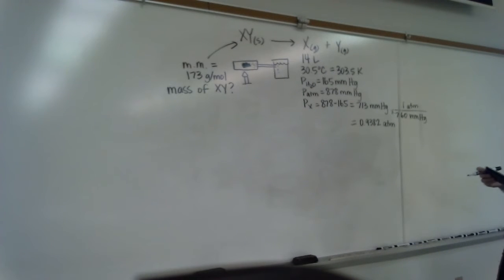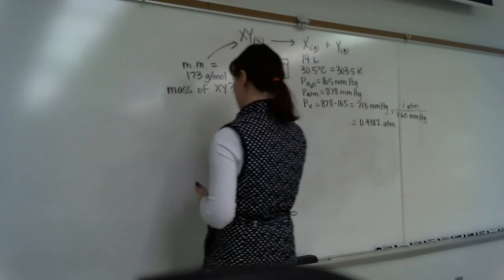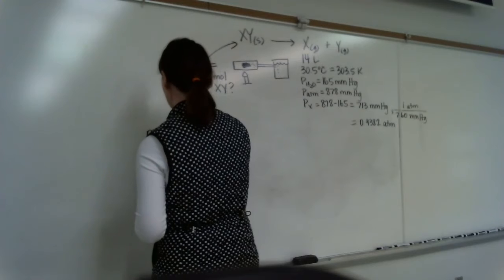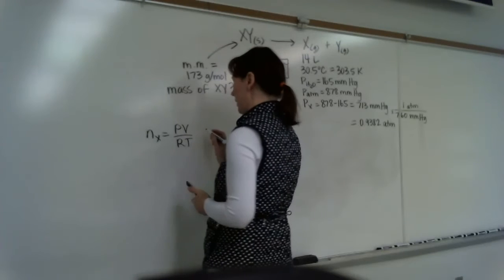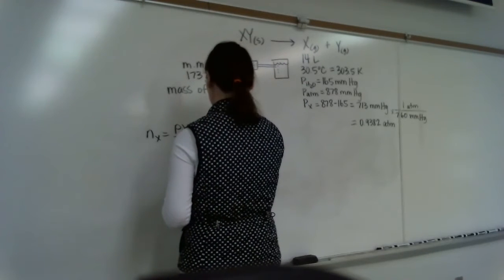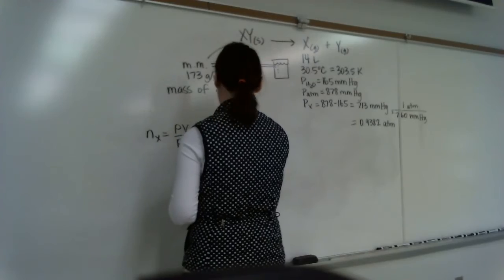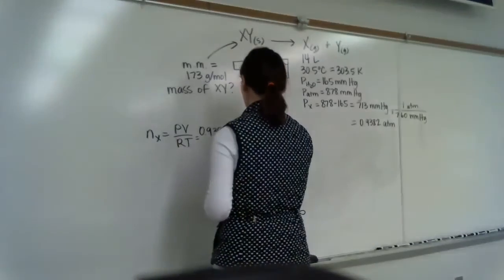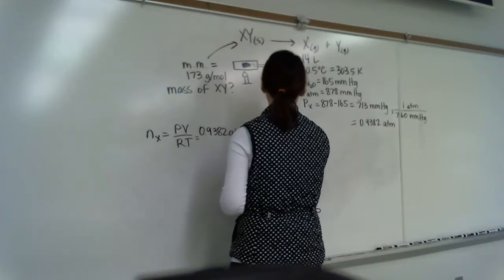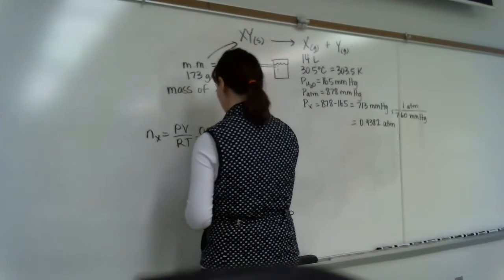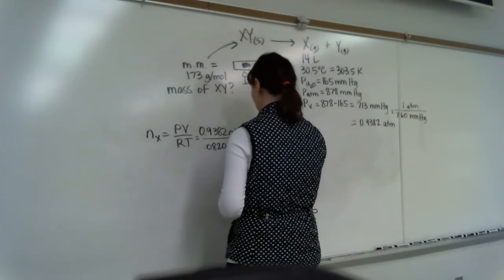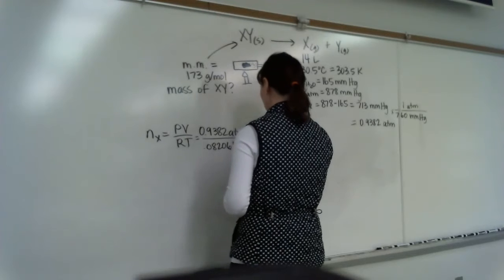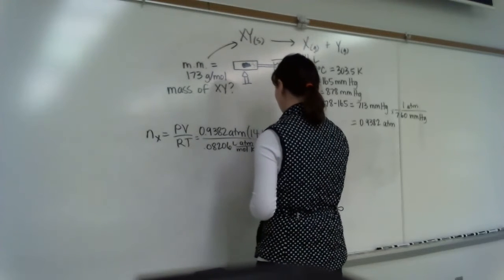Okay, now do I have everything I need to get number of moles? Yes. So n of X, the number of moles of X, is just PV over RT, because PV is equal to nRT. So the pressure is 0.9382 atmospheres times the volume of 14 liters divided by the constant 0.08206 liter atmospheres per mole Kelvin times the temperature, which is 303.5.